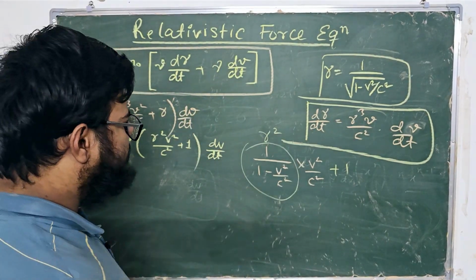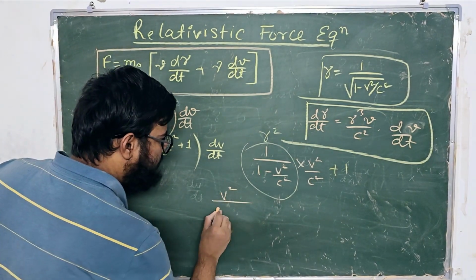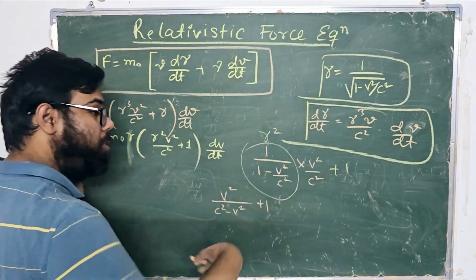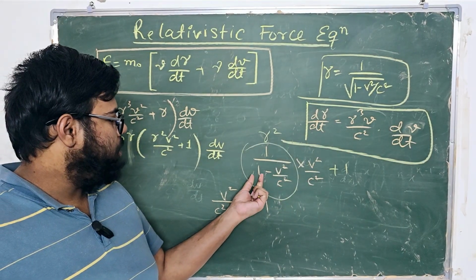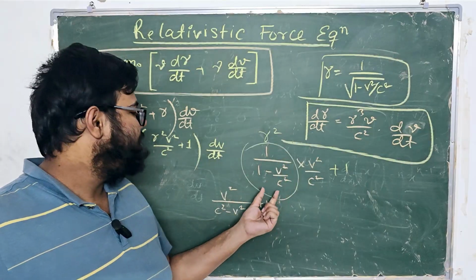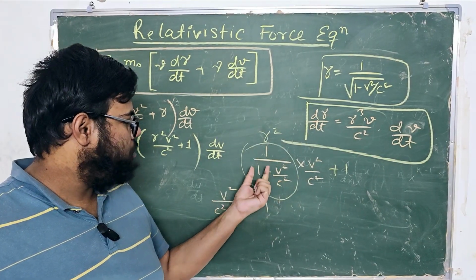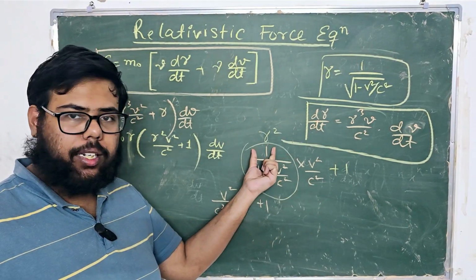Now let's simplify this a bit. We will get v square by c square minus v square plus 1. If you don't know, just simplify it once, right? C square will come in the numerator and c square again in the numerator, so you will get 1 by c square minus v square times v square by c square, and c square and c square will get cancelled.